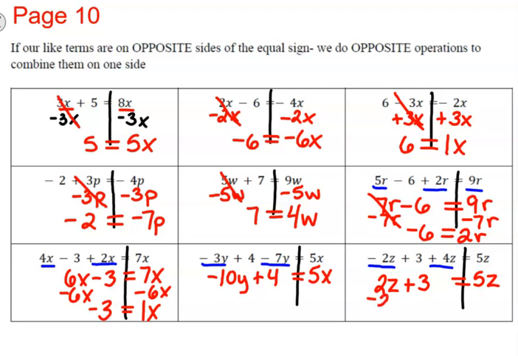So positive 2z means I need to subtract 2z. And so 3 equals 3z. Whoops. There we go. So 5z minus 2z equals 3z. Hopefully you see that we're doing the same like terms that you've been working on the last couple days, but now we're working with it inside of our equations.